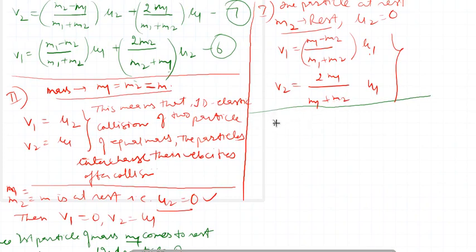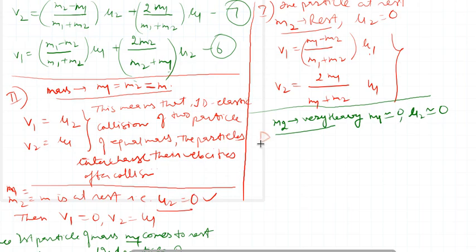Here, m2 is very heavy, that is m1 is nearly equal to 0 and U2 is nearly equal to 0, because the second is very heavy, so its velocity will be very small, almost 0.